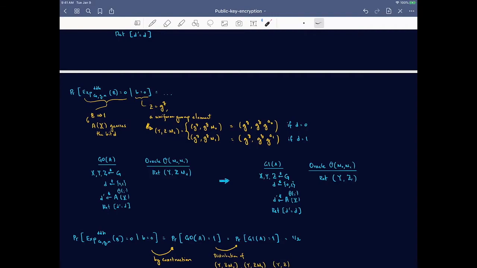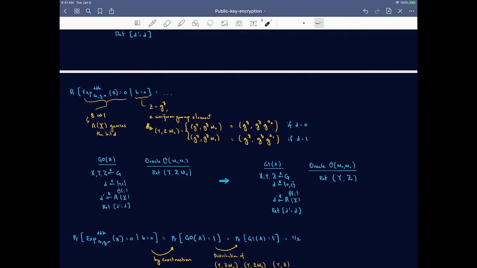But its experiment we've just captured here, right? We've just captured the experiment that A is playing when B simulates for it, and the capital Z component of B's input is this random group element g to the z. We've just built this game G0, which exactly captures that.